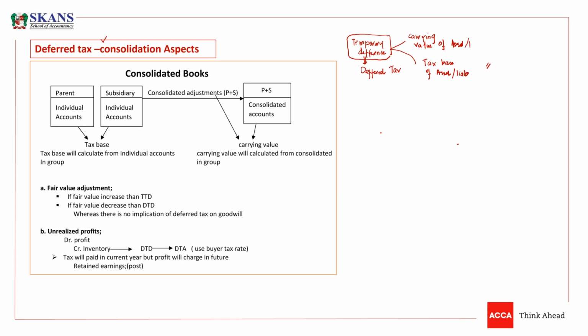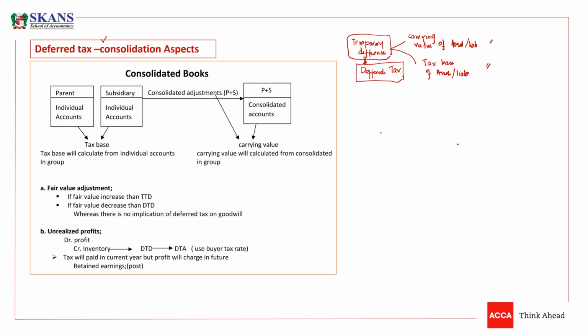If there is any difference between the carrying value and the tax base, we will say there is a temporary difference, and every temporary difference will create deferred tax, but there is an exception of two items.